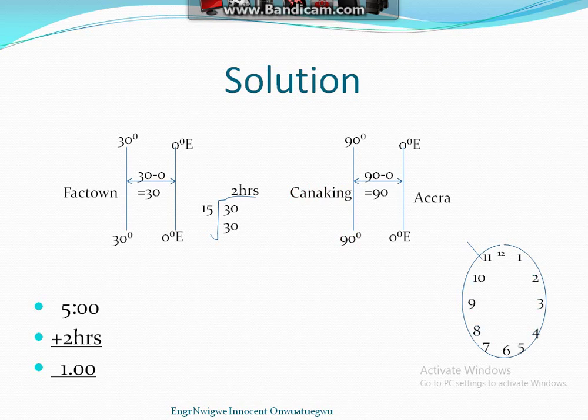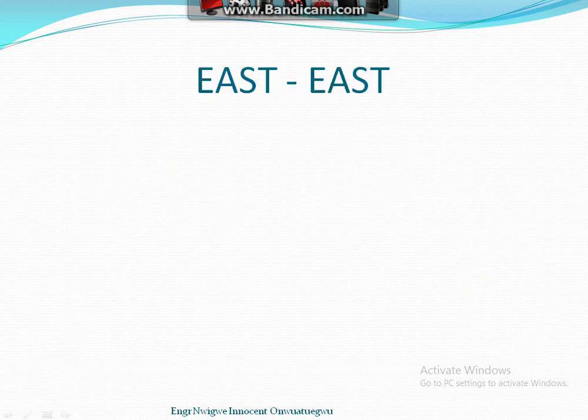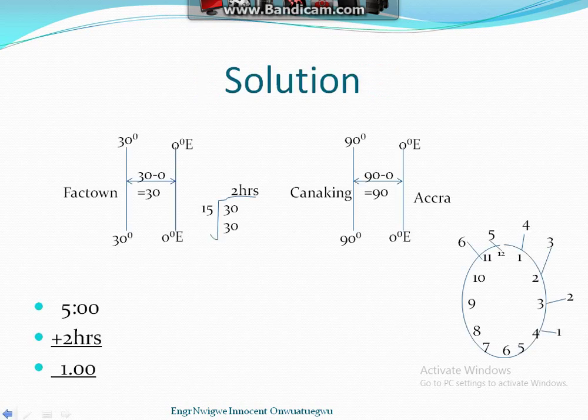If you divide 90 by 15, which is 6, 15 times 6 will give us 90. And subtract 6 hours from the 5 p.m. We now have 4, 3, 2, 1, 12, 11. You stop at 11, so the time is 11 a.m.